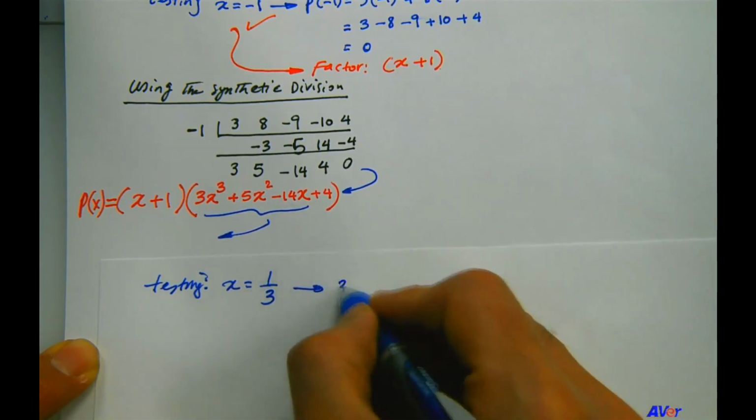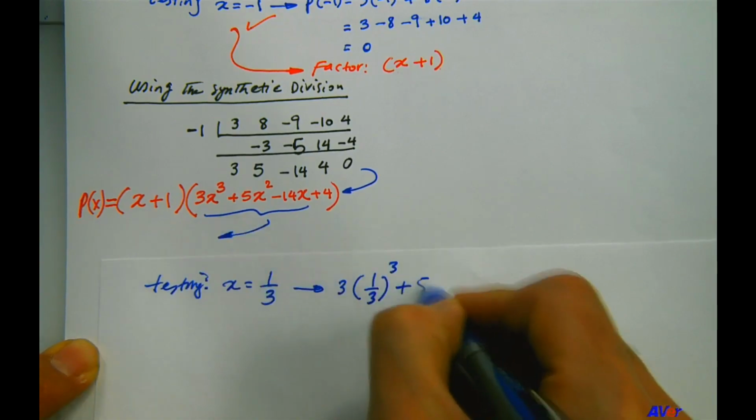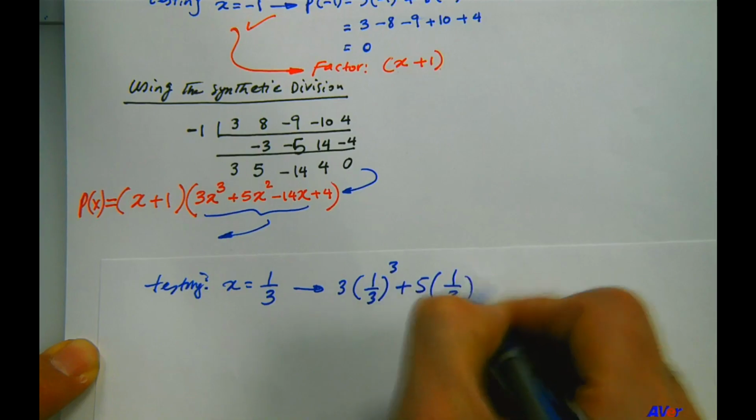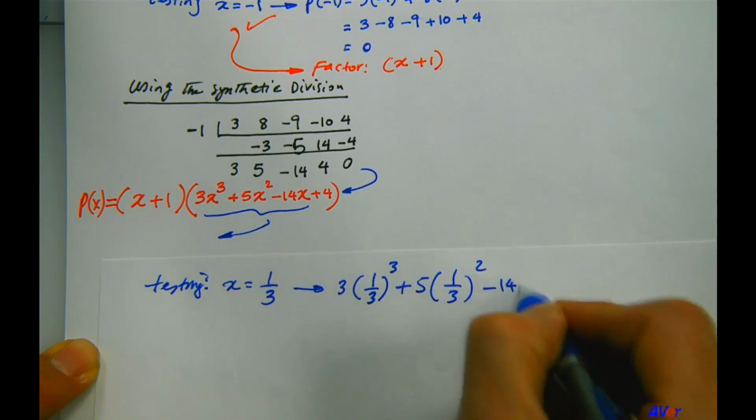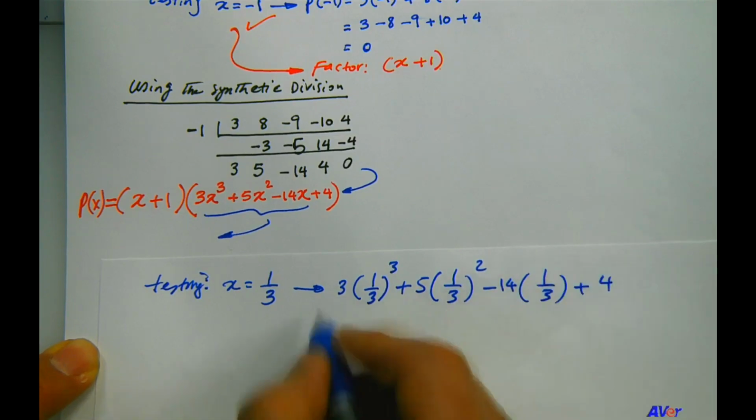So testing this in this polynomial, let's plug in. We have 3 times 1/3 cubed plus 5 times 1/3 squared minus 14 times 1/3 plus 4.